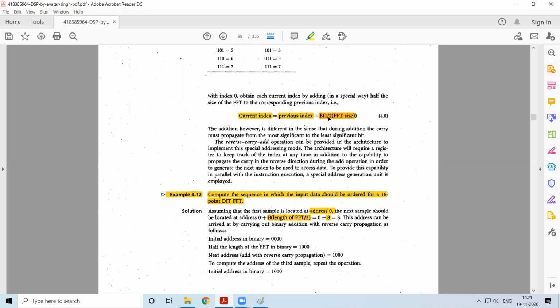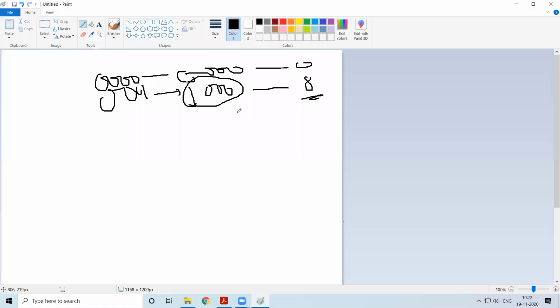Here the previous index was 0, because we had assumed it to be 0. 0 plus half of this value, that is 0 plus 8, equals 8. In decimal the value is 8, and in binary form it is 1000. So this is the next address of the sequence.